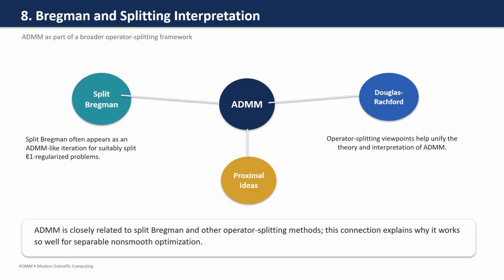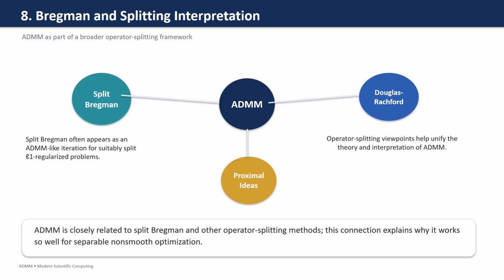The key idea behind it is that instead of simply penalizing constraint violation once, Bregman iterations repeatedly update a correction term that accounts for previous error. This is very similar in spirit to the ADMM dual update term, where the variable y or u accumulates the constraint residual over time. So split Bregman iterations are nearly equivalent to ADMM applied to a split constraint formulation.